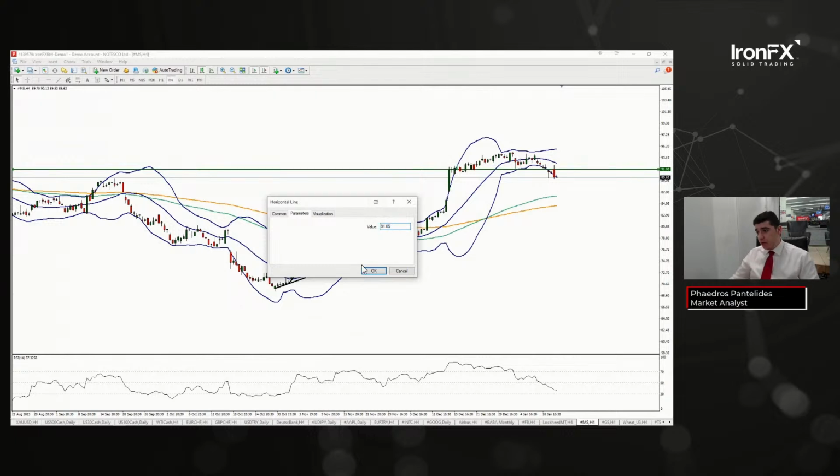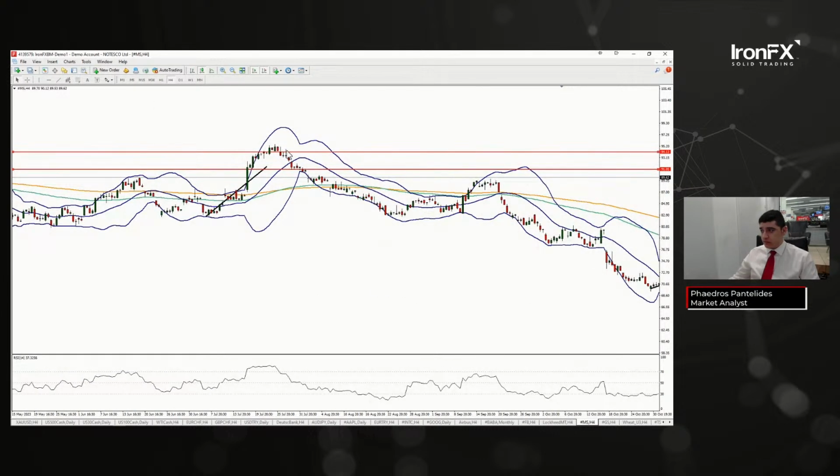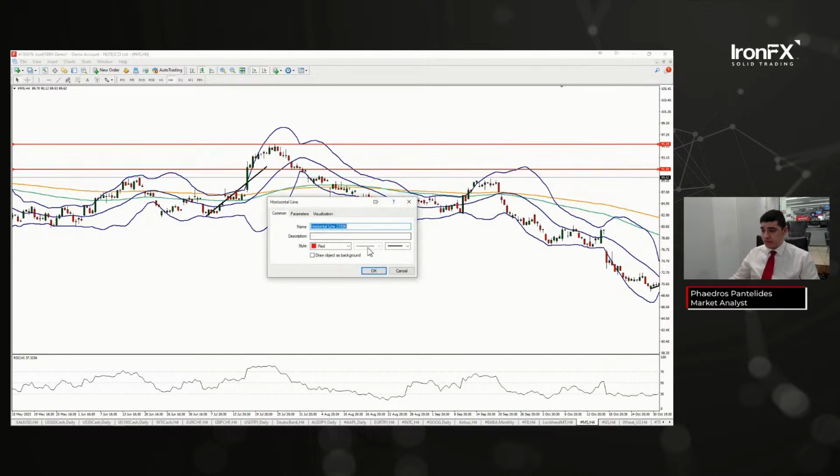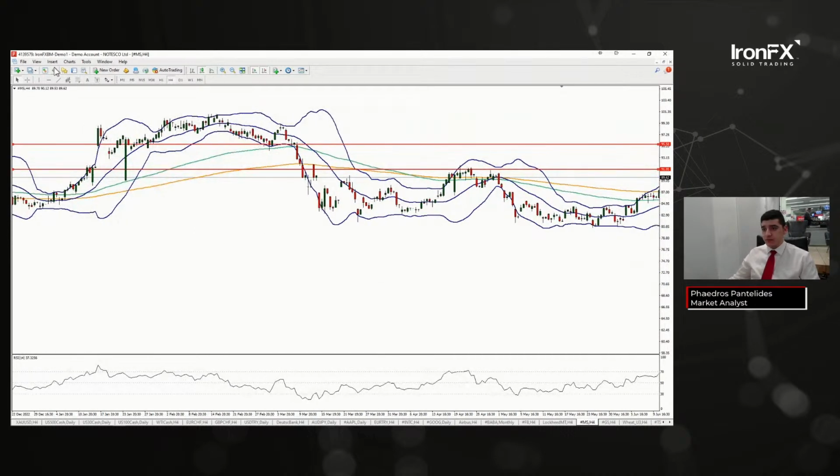So 91.05 as our R1 for Morgan Stanley on the 4-hour chart. This previous high, 95.50. So that would be my R2. And then for R3, taking this previous high.